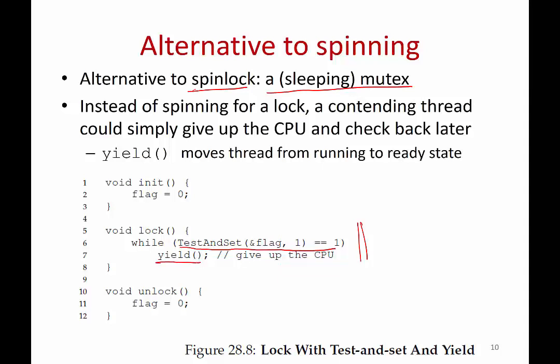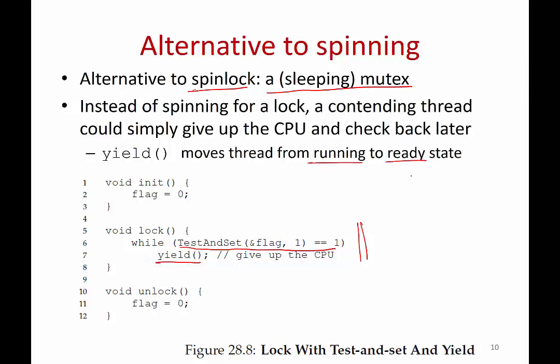The name may be different across operating systems, but this system call gives the operating system control back. It says, schedule me out. I don't want to run anymore. It's like the process is blocking itself. So this moves the process from running state to ready state, so that at a later point of time the operating system can schedule it on the CPU again.